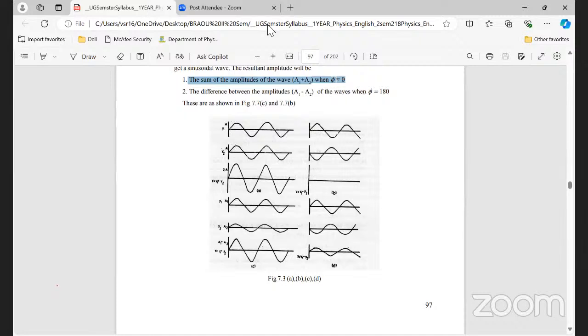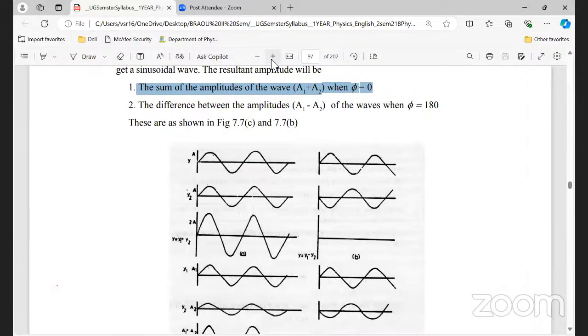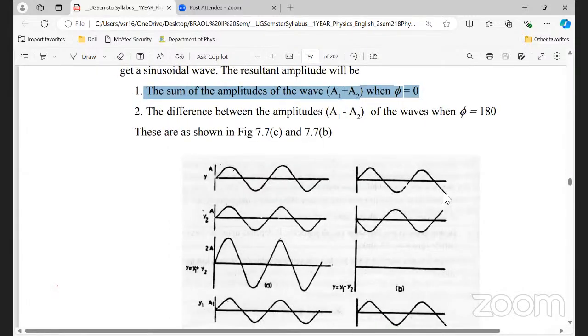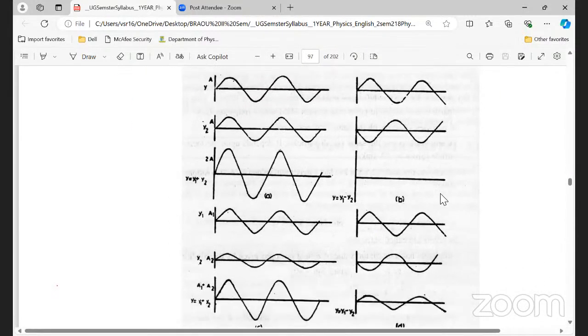See here, I just want to show you the figures. This is the resultant wave here, and this is y1 and this is y2.